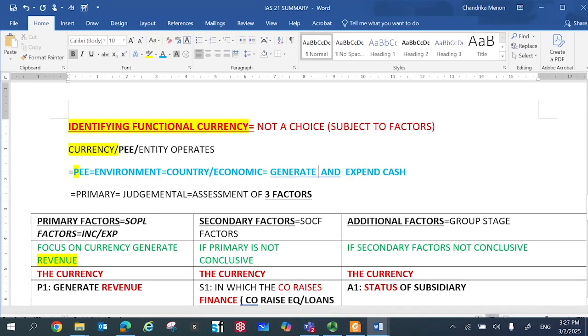Generates, we always focus on revenue. Got it? Expending cash could be for purchases and all types of expenses.